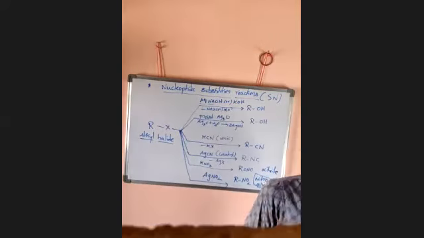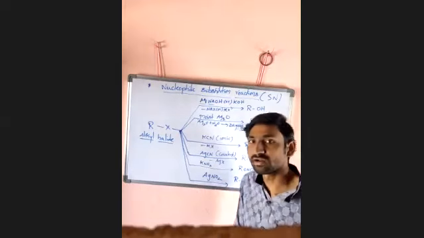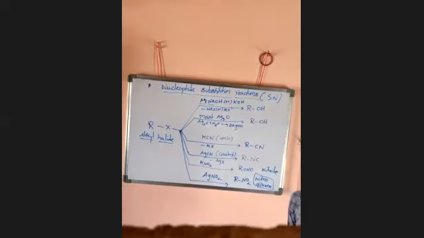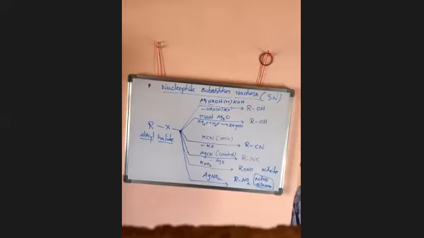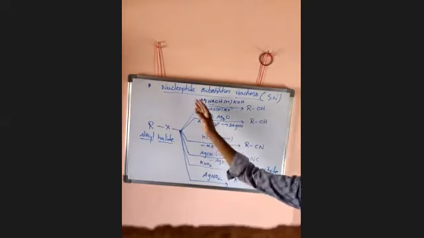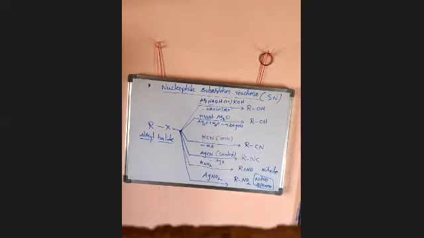If a nucleophile is involved in that substitution, where nucleophile means electron rich, having negative charge or more electrons, those reactions are called nucleophilic substitution reactions. Particularly, two types are there: SN1 reaction and SN2 reaction.